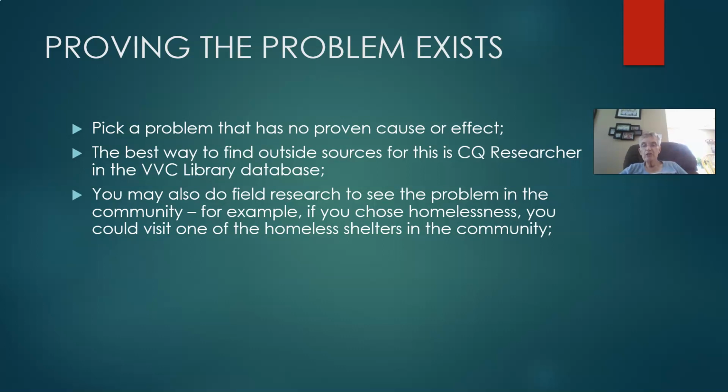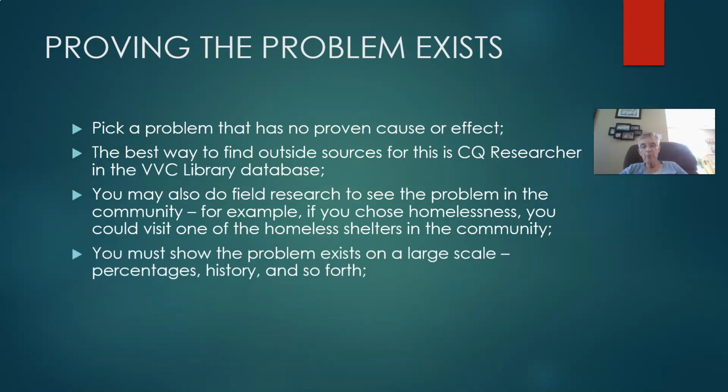You can do field research to see if the problem exists. If you choose homelessness, you could visit one of the homeless shelters in the community. People really found an interesting idea whenever they went. They saw it face to face, and it really changed their ideas about homelessness and homeless people.